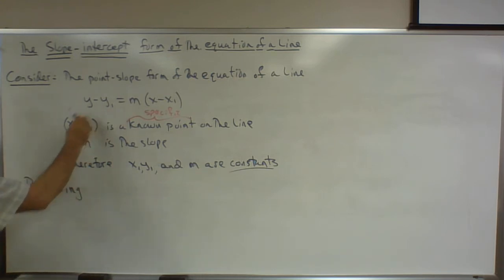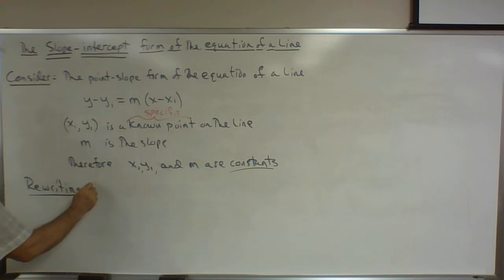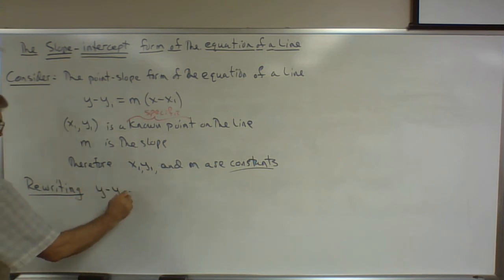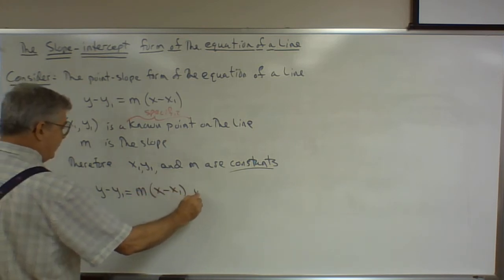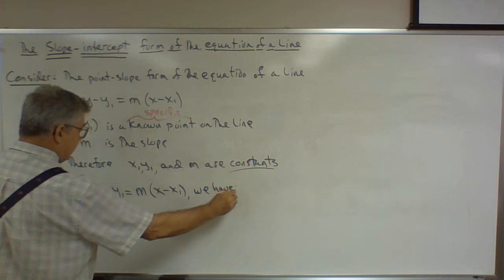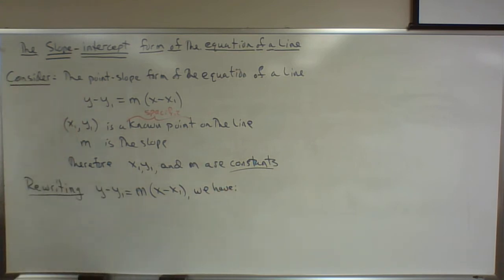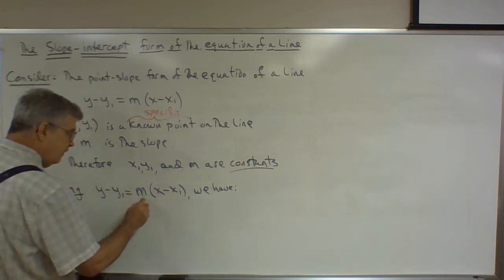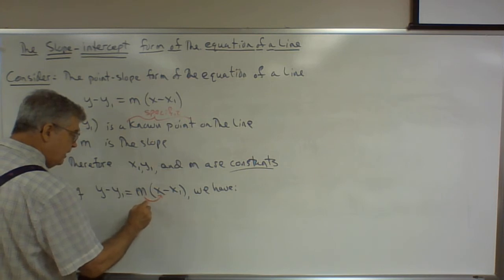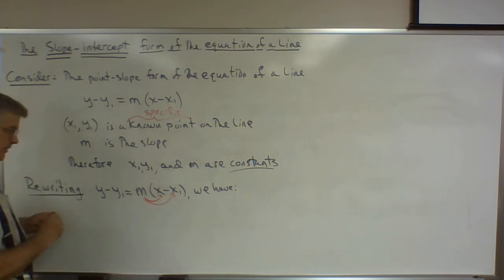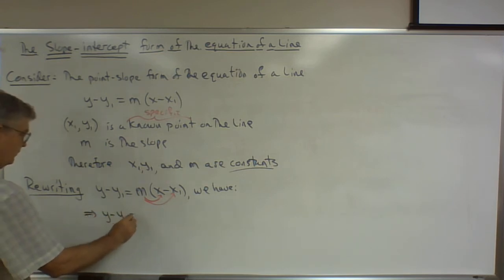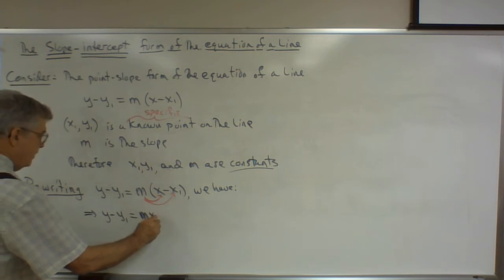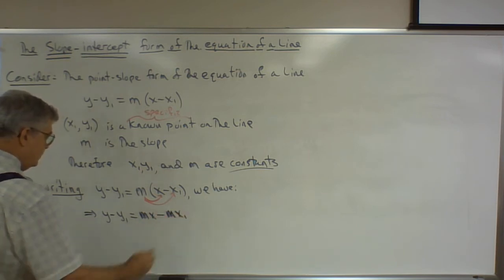So we take our point-slope form, and what am I going to do? You know what? I think the first thing I'll do is take the slope m and distribute it to both terms inside the parentheses. So we have y minus y1 is equal to mx minus mx1.